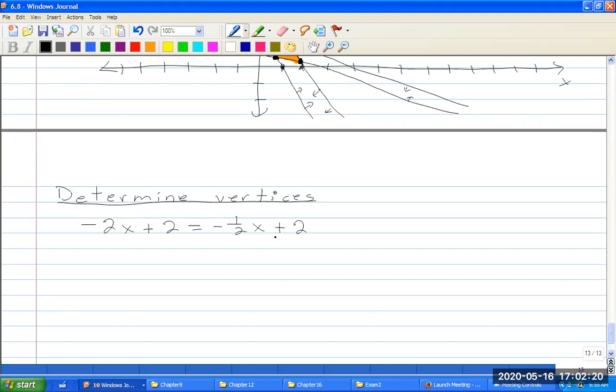And so I have here that minus 2x, I'm sorry, is equal to minus 1/2 x multiplied by negative 2. So I have 4x is equal to x, subtract 1 from both sides, 1x. So x is 0.